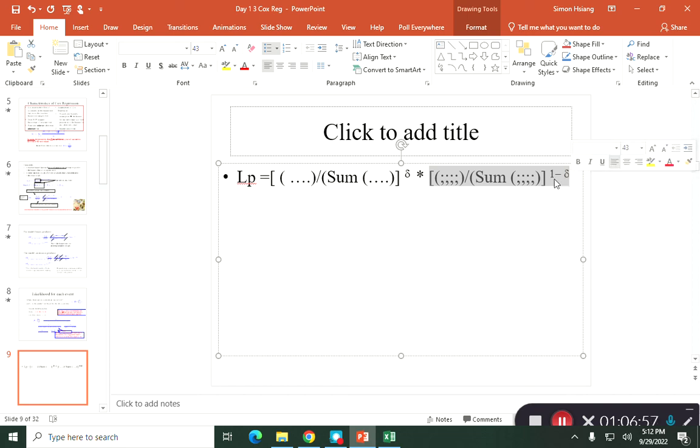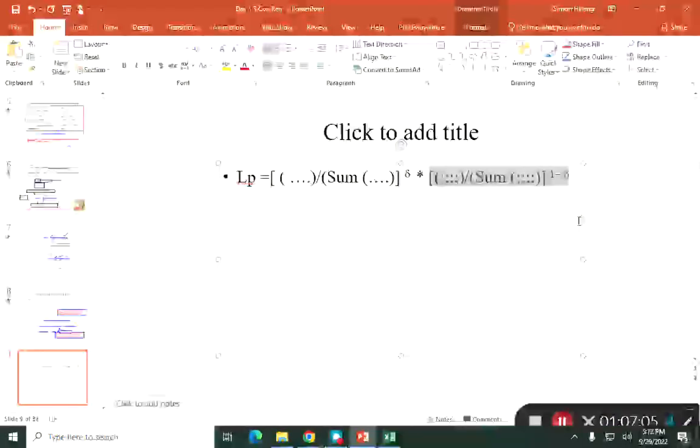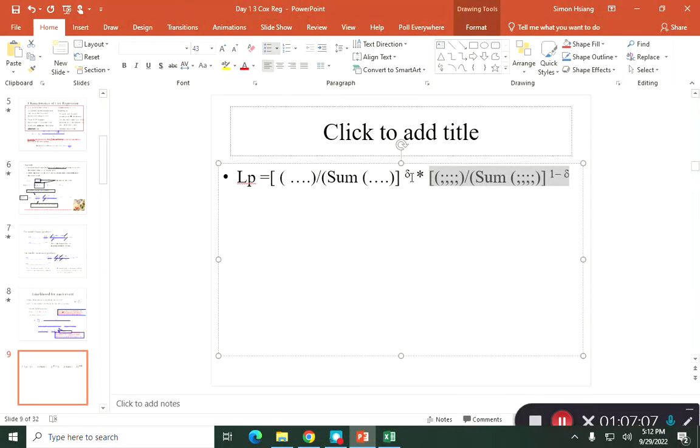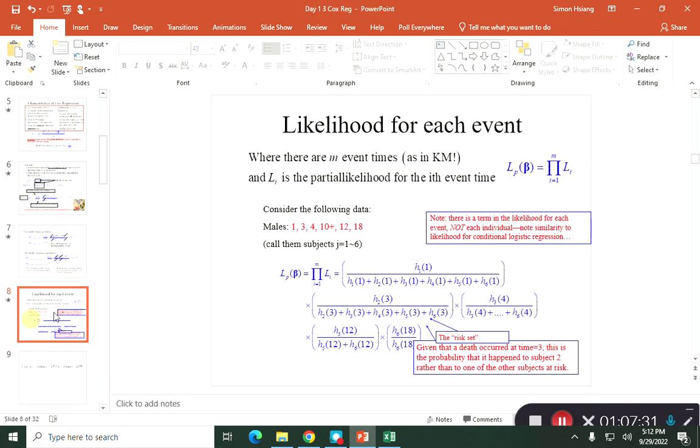Because 1 minus delta is equal to 0, so the power of this side equals nothing. So it means this is a hazard case. And if delta equals 0, means what? It is a survival case. So we can use this to say that, oh, let me use this data point. Oh, this is a censored data case, or this is a survival data case. And that way we can fully utilize the data to calculate the partial likelihood.